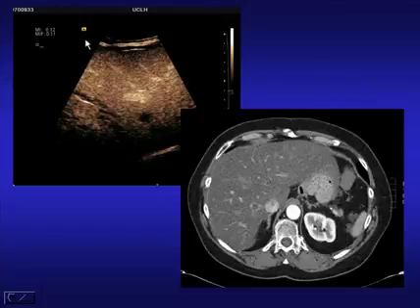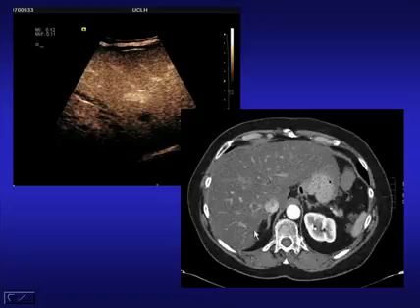We can also use the same techniques for diagnosis of very small metastases. This is a colorectal liver metastasis. It's about 1 centimeter in diameter, here in the portal venous phase, and we can see good enhancement of the normal liver parenchyma around with very high contrast ratios between the tumor and the surrounding normal liver.